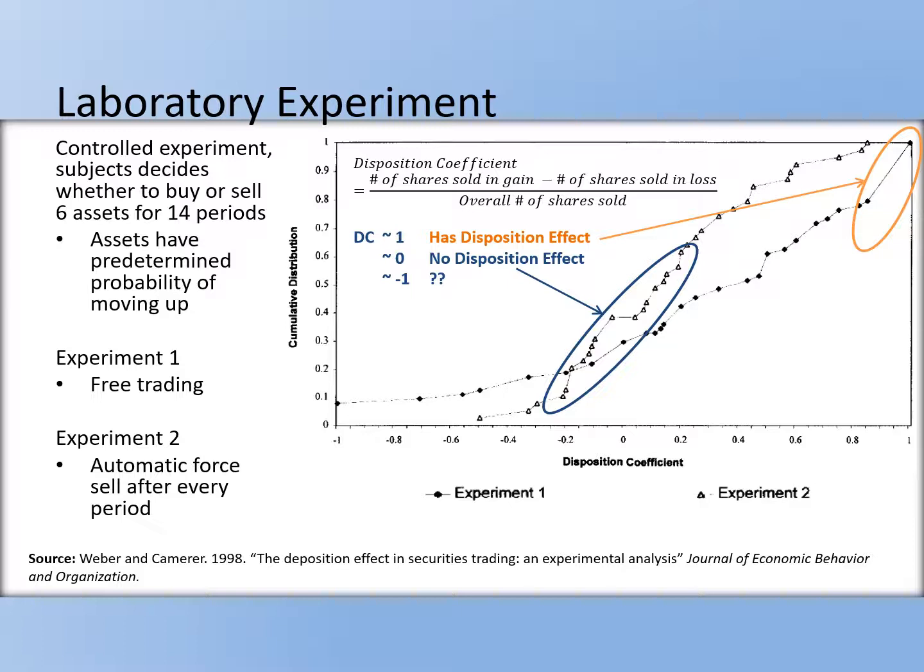Okay, so that's some evidence, but as you see, whenever you have experimental evidence, things are typically not very clean cut. For the group that can do anything, you have a wide range of behavior, including ones that you don't really understand. Why are they selling more often at a loss than at a gain?